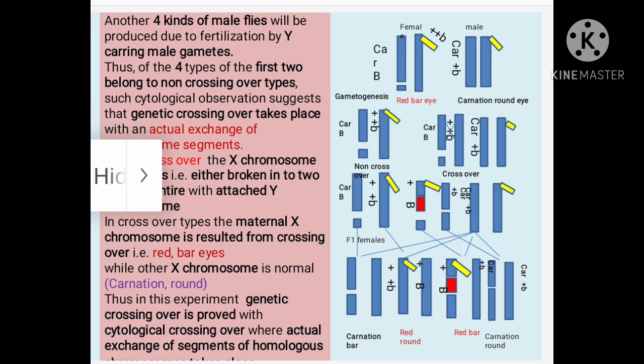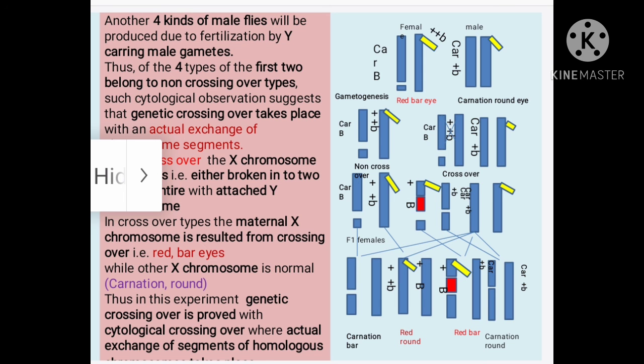Another four kinds of male flies will be produced due to fertilization by Y carrying male gametes. Of the four types, the first two belong to non-crossover types. Such a cytological observation suggests that the genetic crossing over takes place with an actual exchange of chromosome segments.